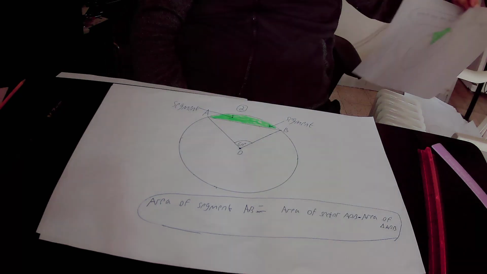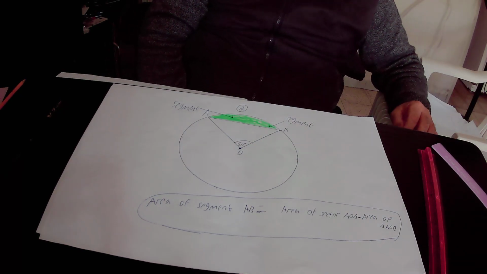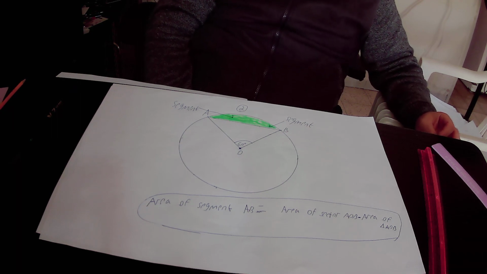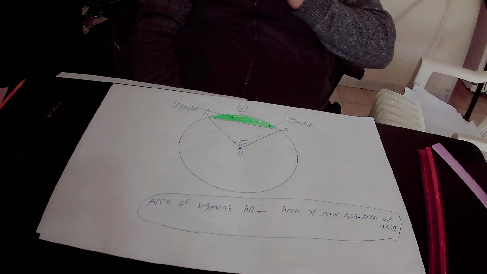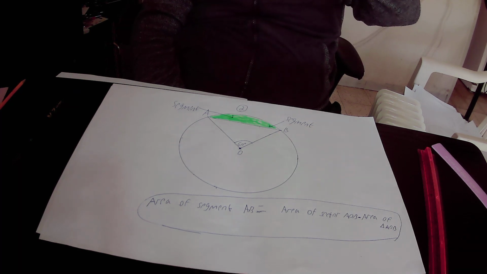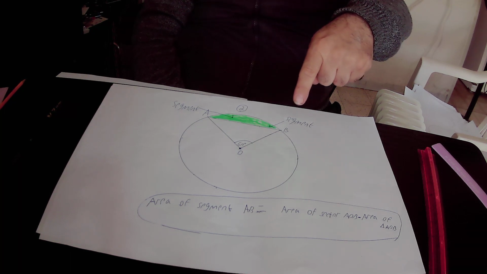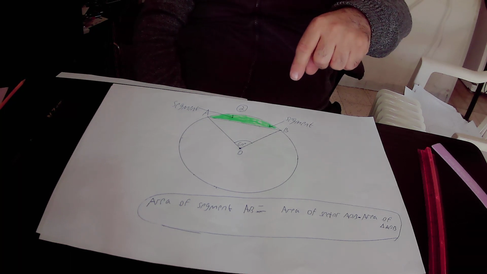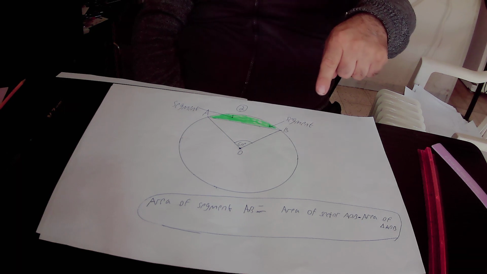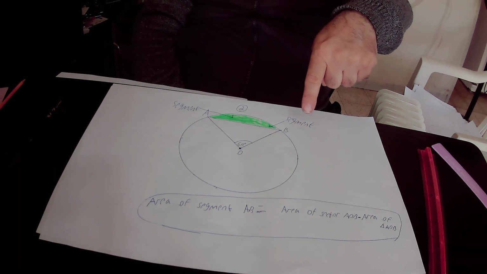We also have the term segment. A segment is the area that is bounded by the arc and the chord that is attached to that arc. So here, segment AB is the area that is bounded by arc AB and chord AB.